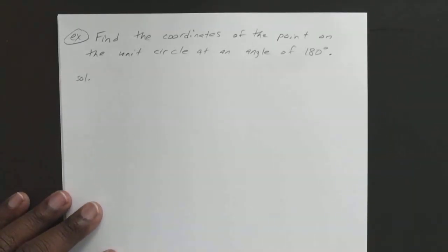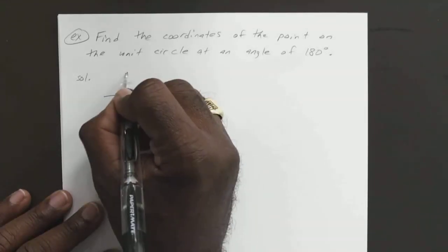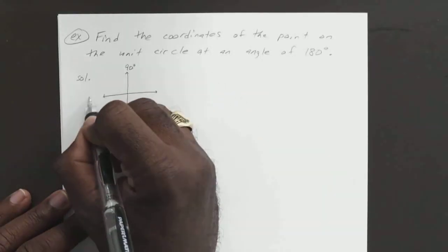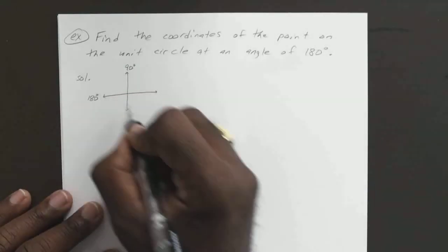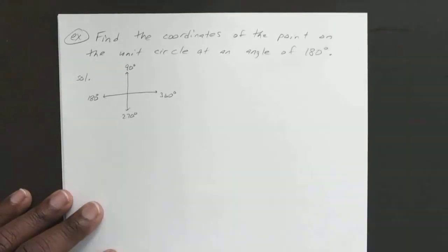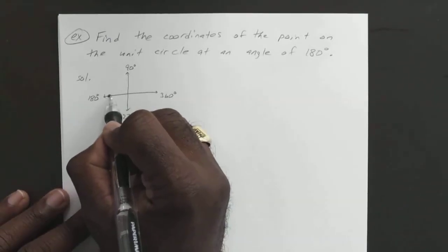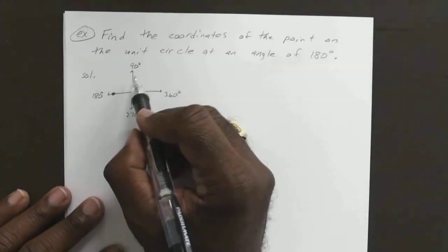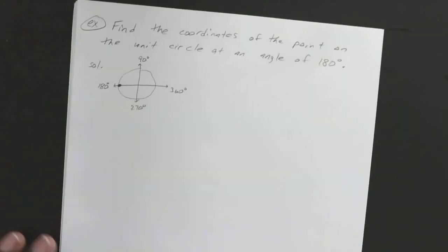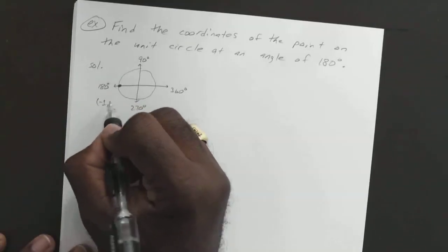Okay. Now with this one, again, if you draw a quick graph, you have 90 degrees, 180 degrees. If you have a unit circle and you go all the way to 180 degrees, and draw that quick unit circle, then at that point you're just at -1, 0.